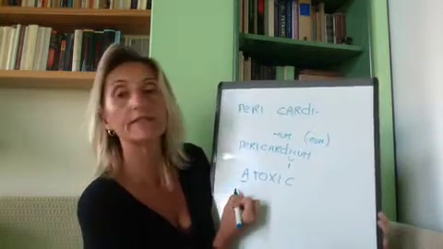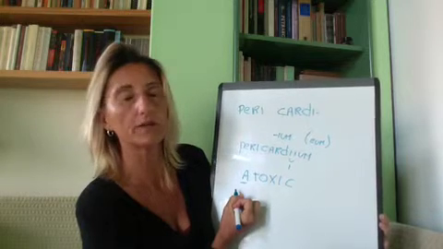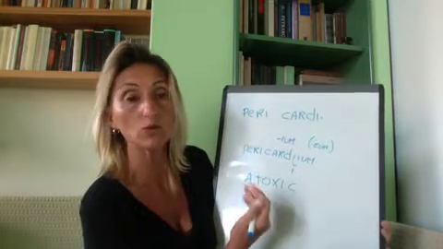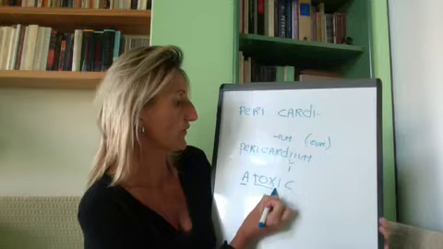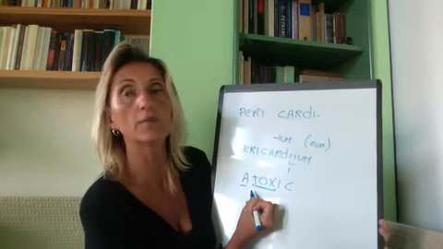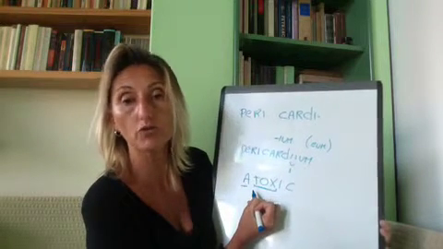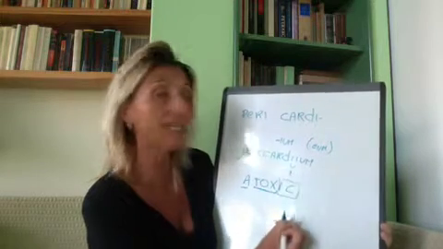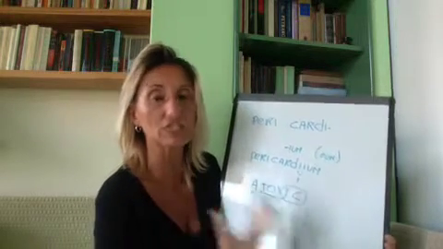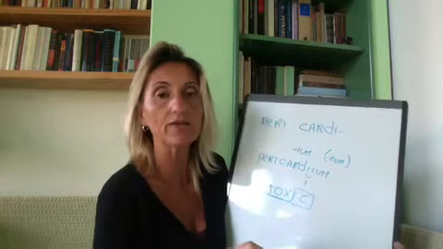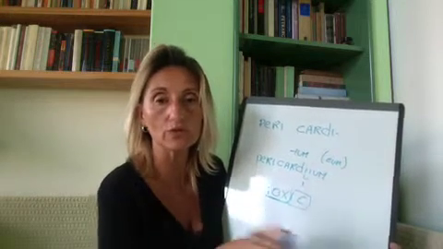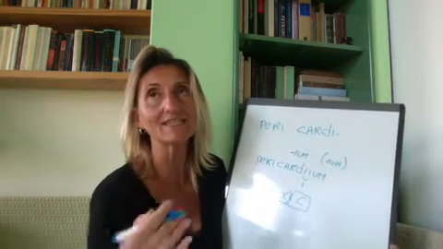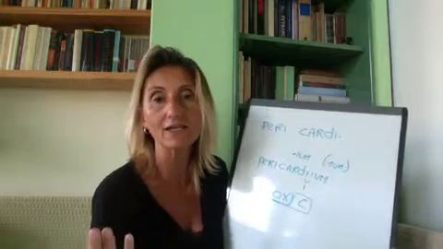You already know that a is the prefix indicating without. You know that tox is the combining form meaning poisonous, and you will have studied that the suffix ic indicates an adjective, something pertaining to, and can indicate either a person or a drug.